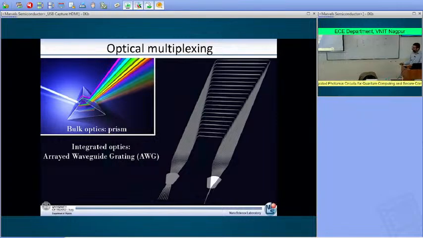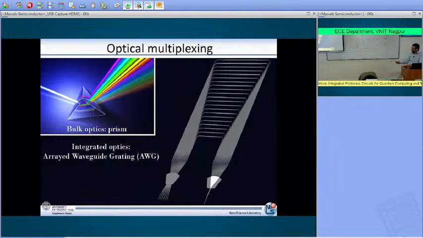Then you have a free propagation region. Here the light exits from the waveguide and spreads in a planar waveguide, carefully designed in such a way that it illuminates with the same intensity all the output waveguides that you have here.